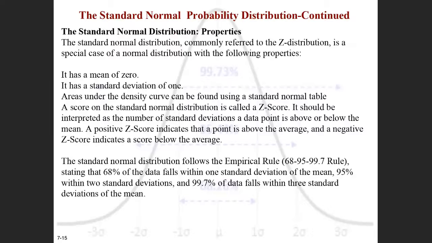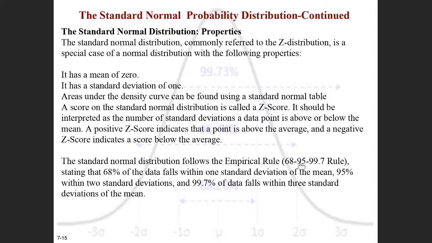So the properties. The standard normal distribution, commonly referred to as the Z distribution, is a special case of a normal distribution with the following properties. It has a mean of 0. It's always 0 when you have a standardized normal distribution. It always has a standard deviation of 1.